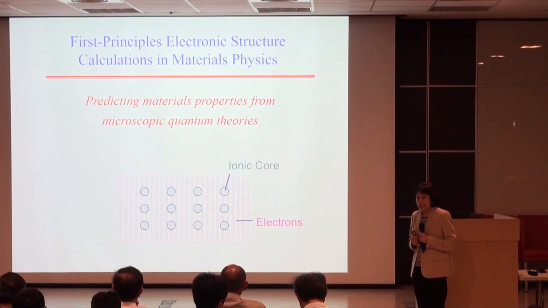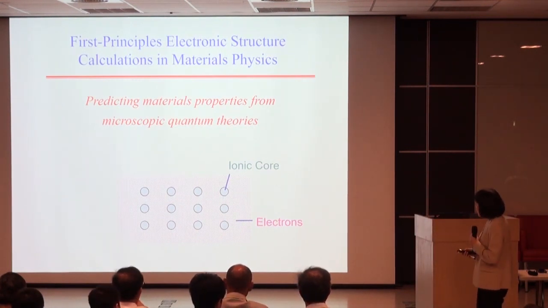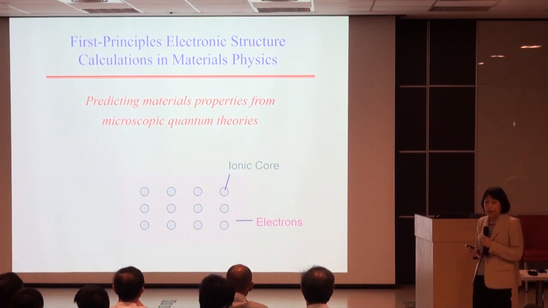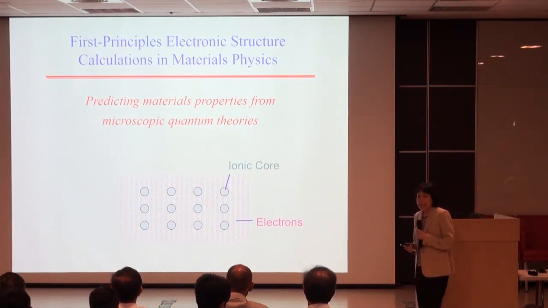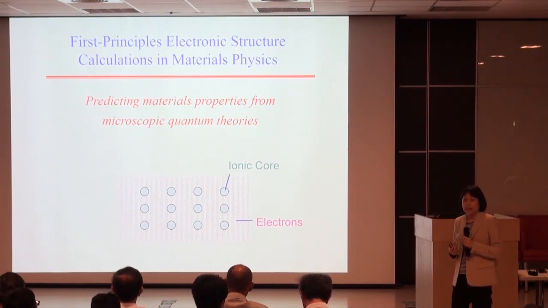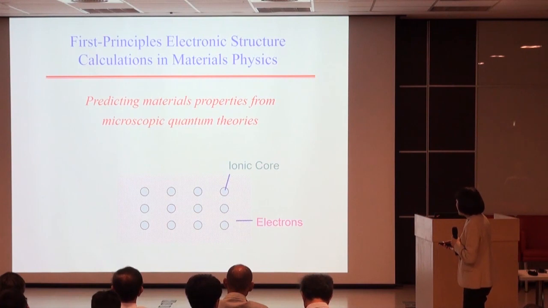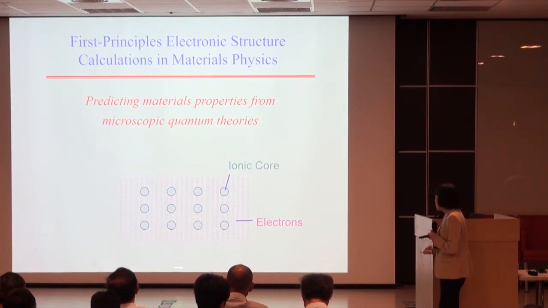Okay? I know that there are people in the audience with various backgrounds, so let me use just a few slides to introduce the methods and how we should look at that. In physics, for the interactions in condensed matter, in terms of fundamental physics, we know what the interactions are. The challenge is that we would like to predict materials properties from microscopic quantum theory.